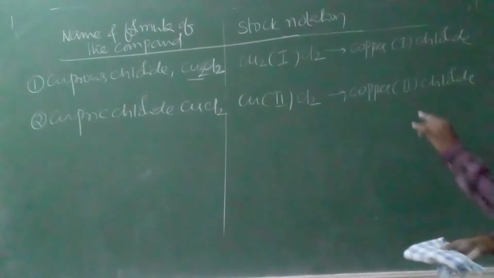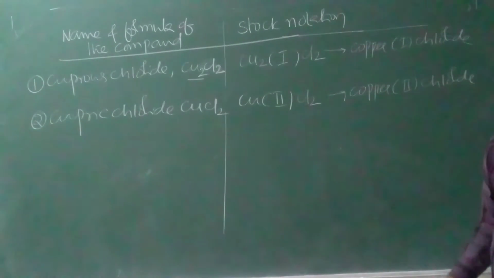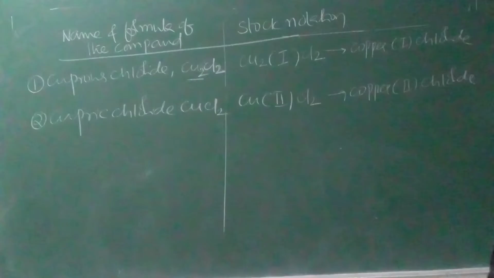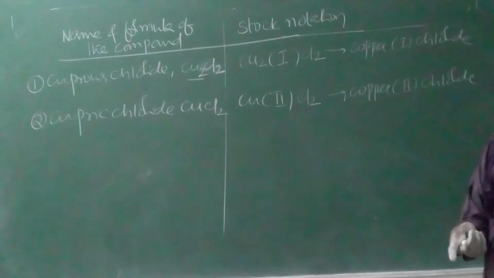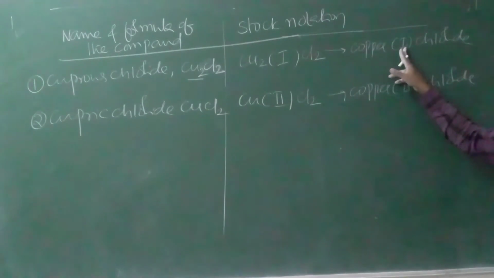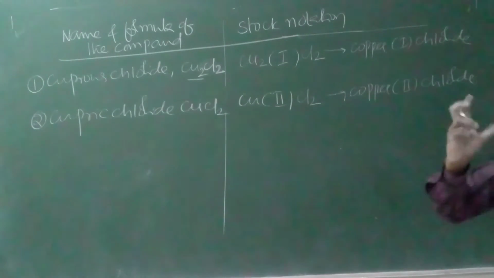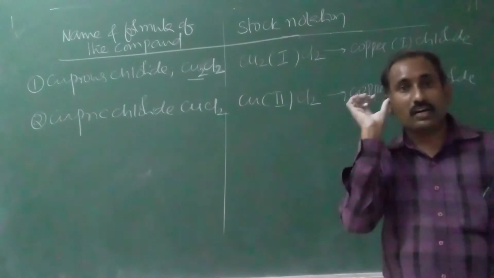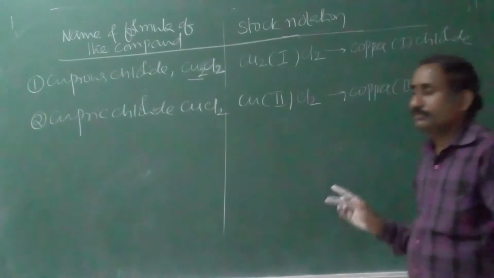In order to distinguish these two, here we highlight I, here we highlight II. That's why we use Stock notation. Both are copper chlorides, but how do we identify them? Based on their oxidation numbers. Here if you write I, this is different; here if you write II, this is different. In order to distinguish the compounds, we have to use Stock notation: copper(I) chloride, copper(II) chloride.